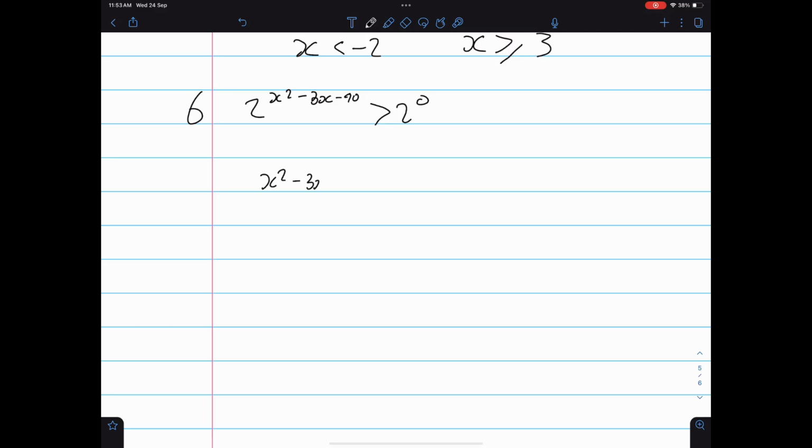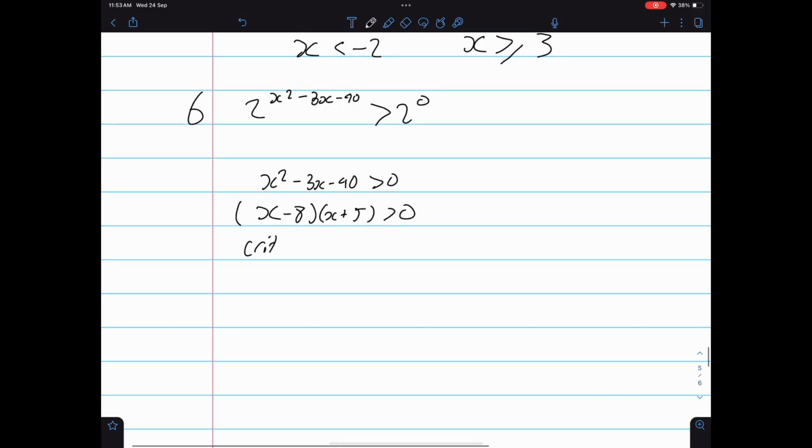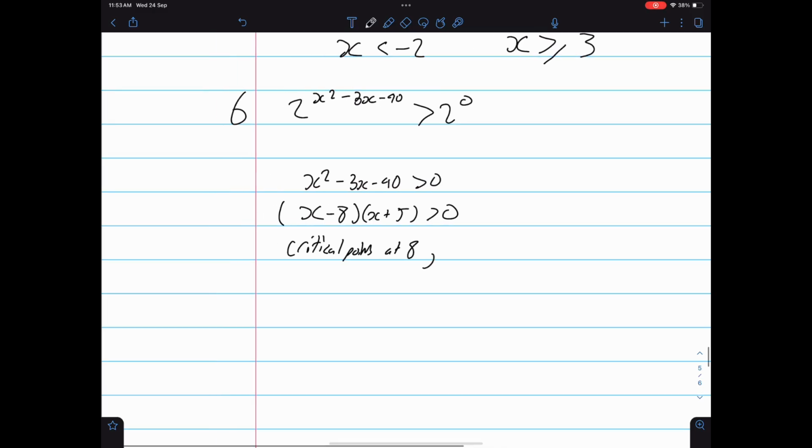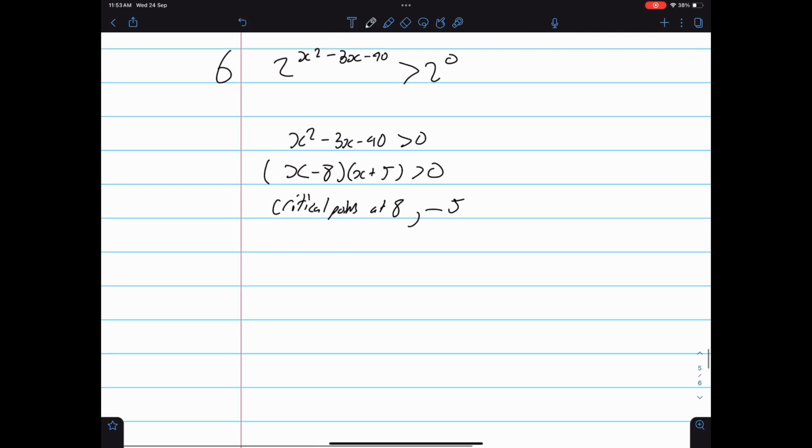So x squared minus 3x minus 40 just needs to be greater than 0. And if we factor this, we get critical points at 8 and -5. X equals 8 and x equals -5. We want x to be less than -5 and x to be greater than 8.